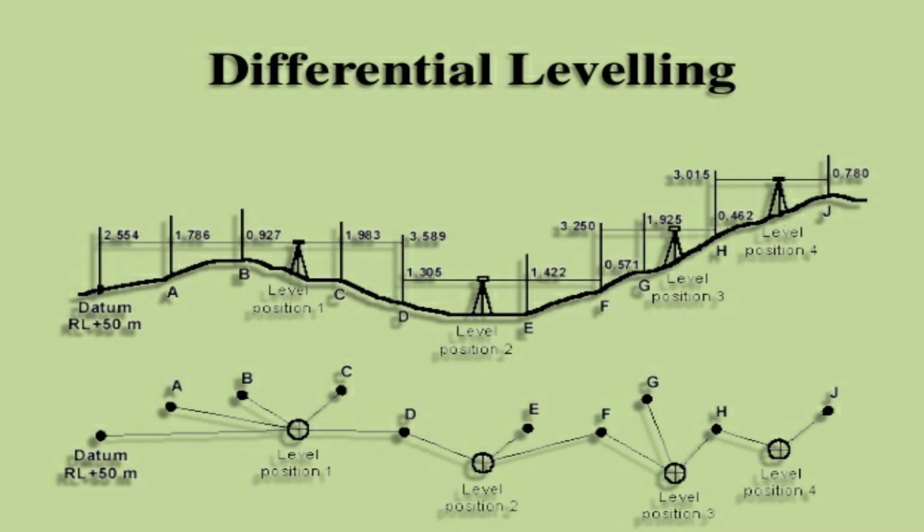But in differential leveling, if the distance between the points is quite far compared to simple leveling, then we adopt differential leveling. So differential leveling is the method of direct leveling, the object of which is solely to determine the difference in elevation of 2 points regardless of the horizontal position of the points with respect to each other.